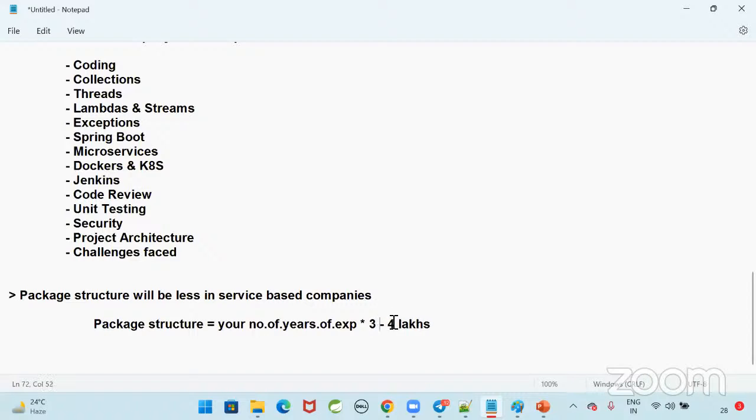If you have 3 years, 3 into 4, up to 12 lakhs they will offer. 9 to 12 lakhs. If you have 3 years of experience on Java, your package will be around 9 to 12 lakhs.